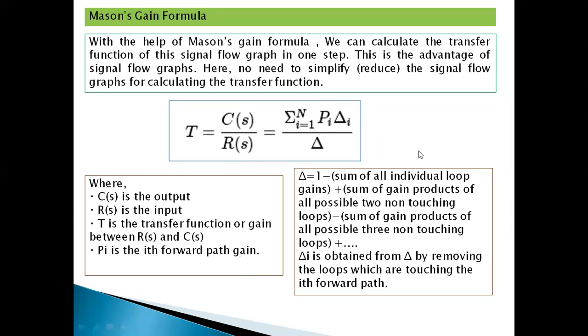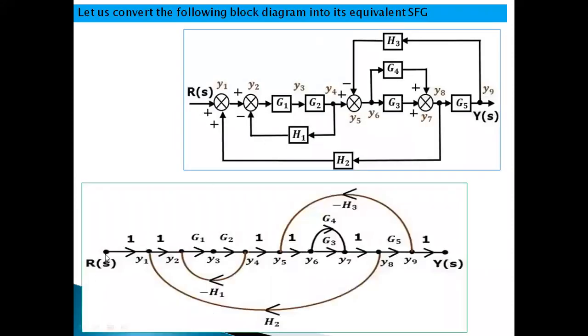For example, in our graph there may be two forward paths. Forward path means from input to output, the signal can flow in different directions. If we observe the previous example, this is the input node and this is the output node.